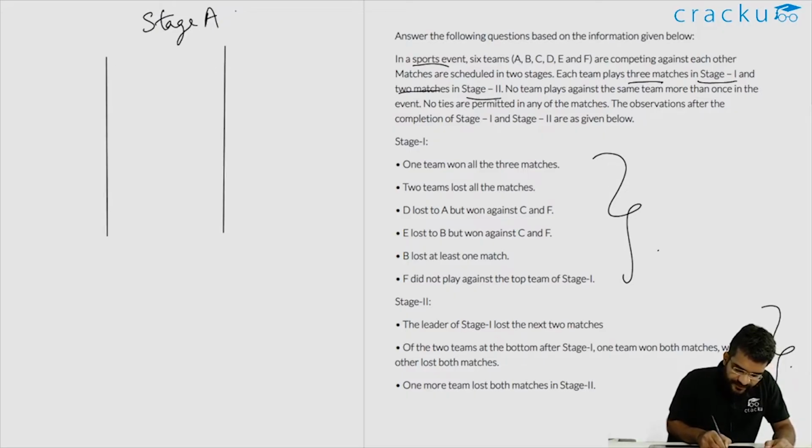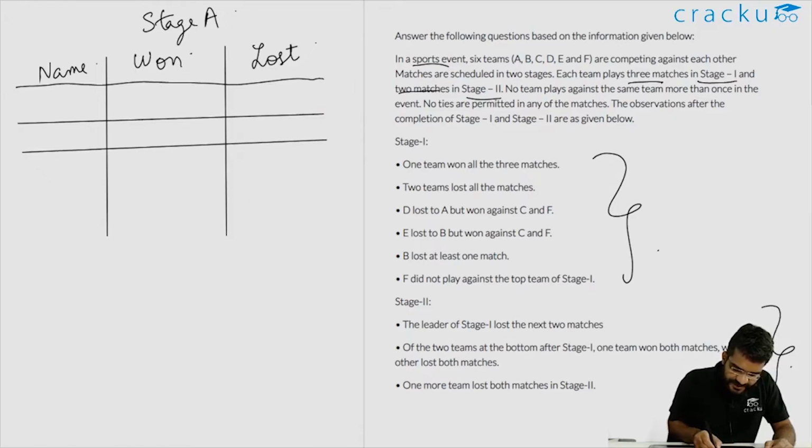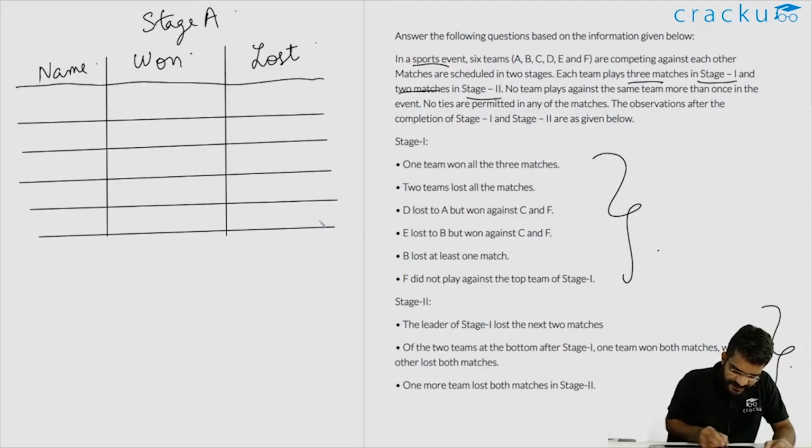The first column will be the name of the team, the second column will be all the teams it has won against, and the third column will be all the teams it has lost against. So the first row will be for A, the second row will be for B, the third row will be for C, the fourth row will be for D, the fifth row will be for E, and the last row will be for F.